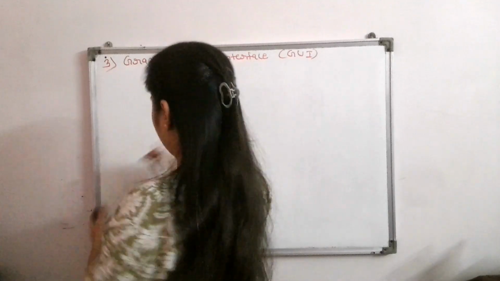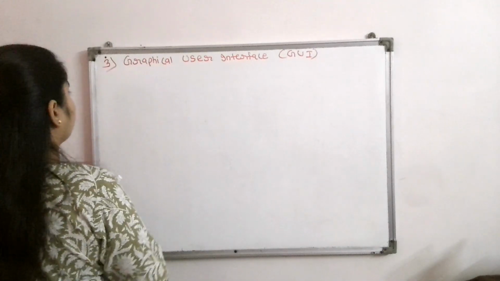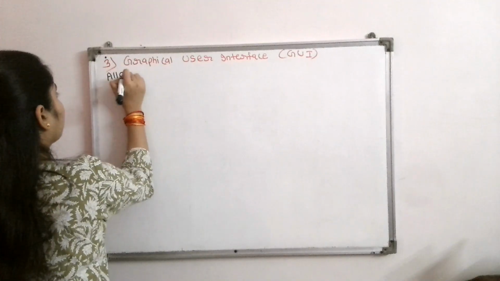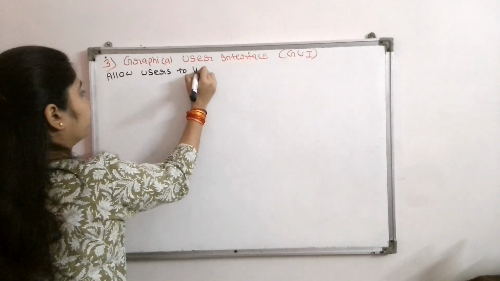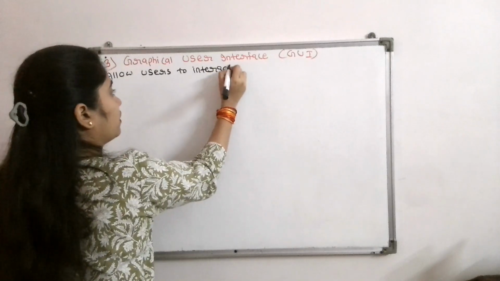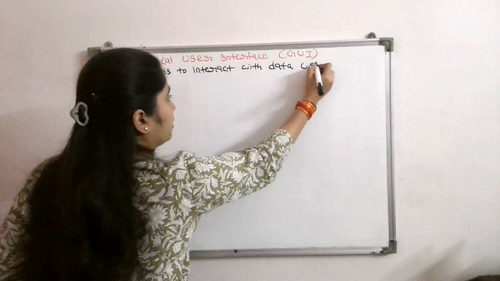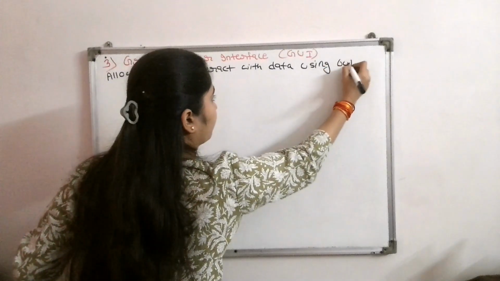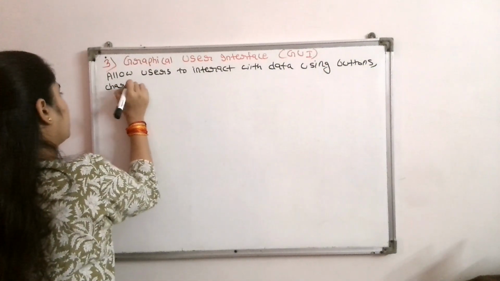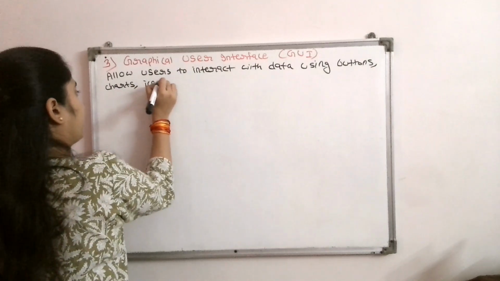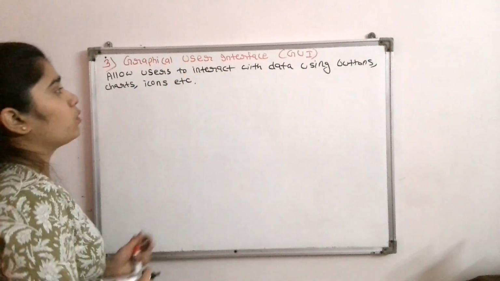Let's write it down here. See, what is the GUI? It allows users to interact with data using buttons, charts, icons, etc. This is the graphical user interface.